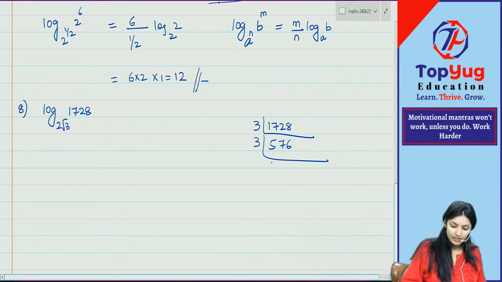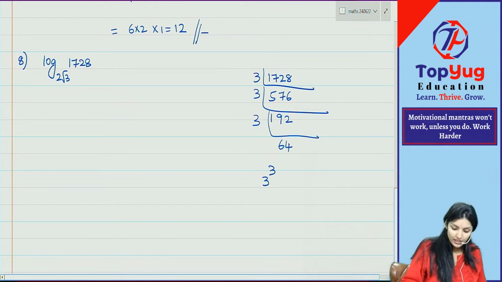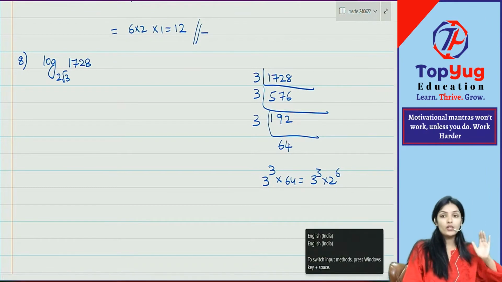Again with 3, 3 1s are 3, 3 9s are 27. Again 3 6s are 18. So 64 you cannot cancel in the 3 table. So can you directly write 3 cube into 64 is equal to 3 cube into 2 to the power 6.